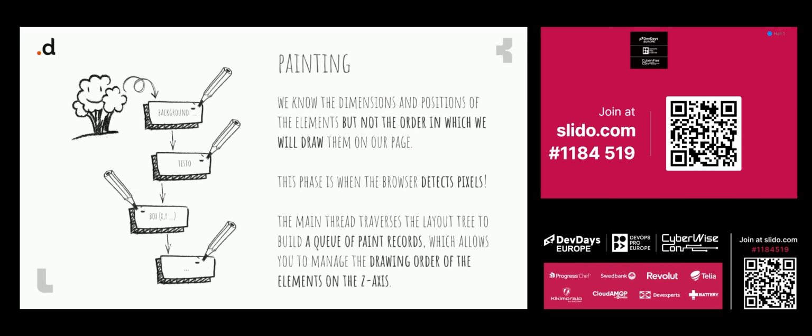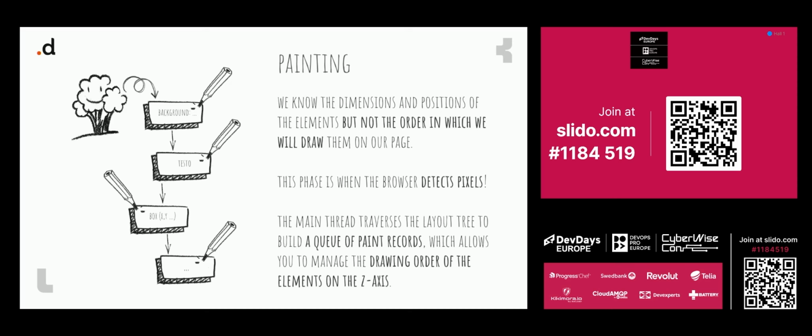So we have positioned the elements on the X and Y axes, and the new step comes into play, the painting step. We know the dimensions and position of the elements, but it's also necessary to know how the elements are arranged on the z-axis, the third dimension. So what's in front and what's behind?